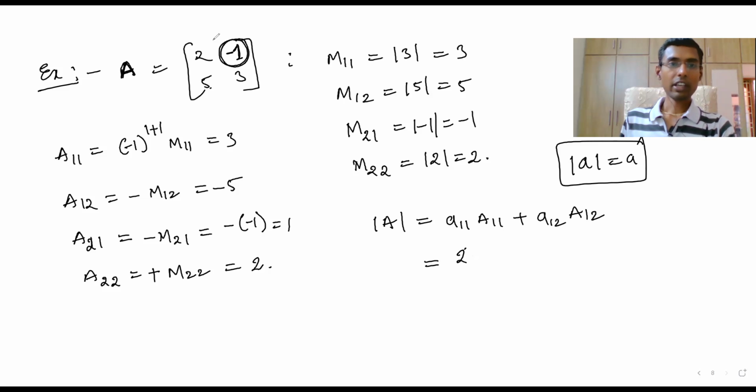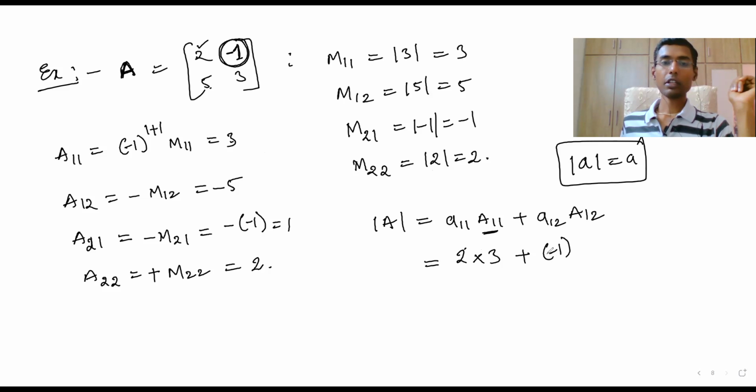It is 2, and its cofactor is 3. A12 is minus 1. What is its cofactor? Its cofactor is minus 5.